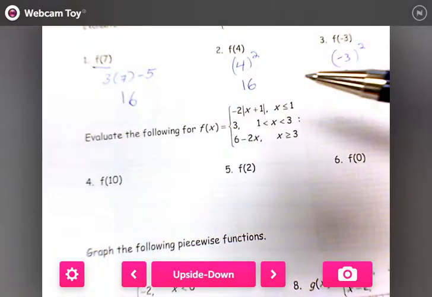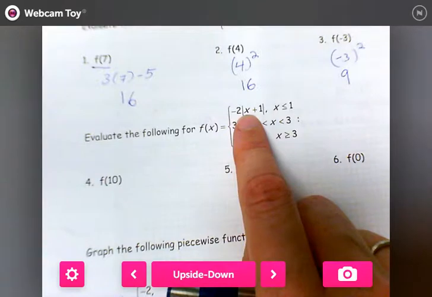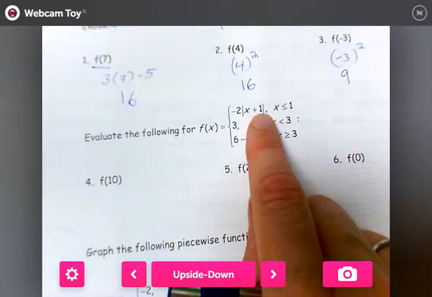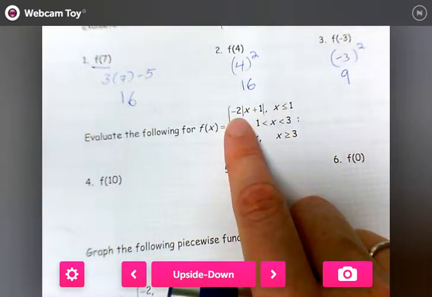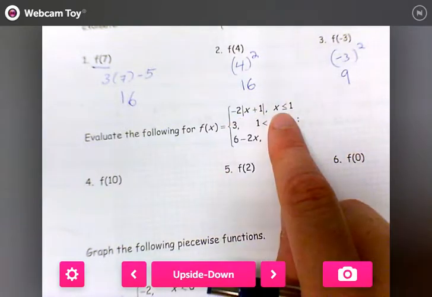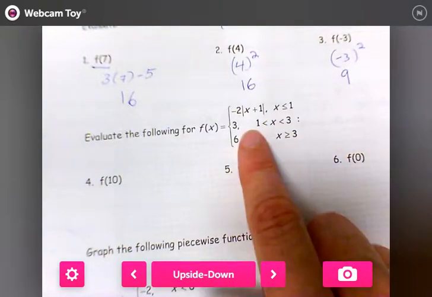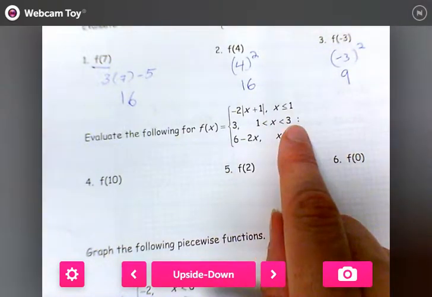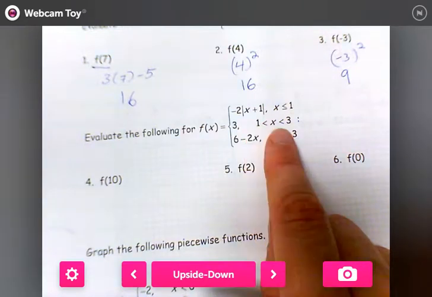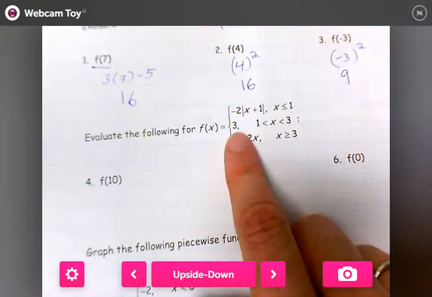Okay? So if we have a negative 5 that went in there, negative 5 plus 1 is negative 4. But the absolute value of that is 4, and then we times it by this negative 2 on the outside. Okay? And this is for any time x is less than or equal to 1. If x is bigger than 1 but less than 3, the answer is going to be 3.